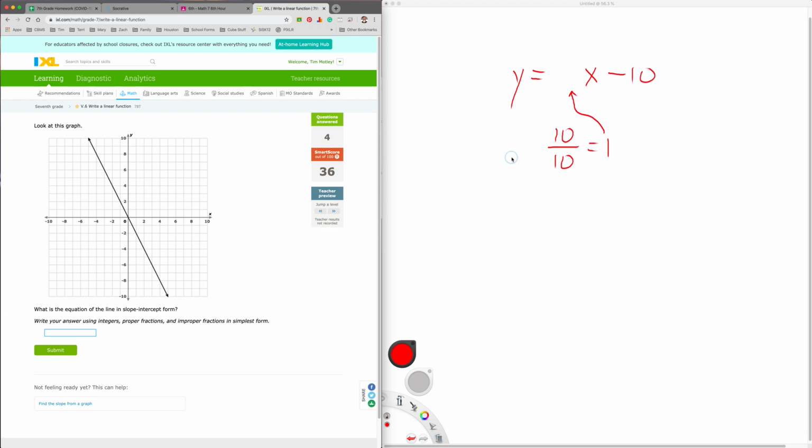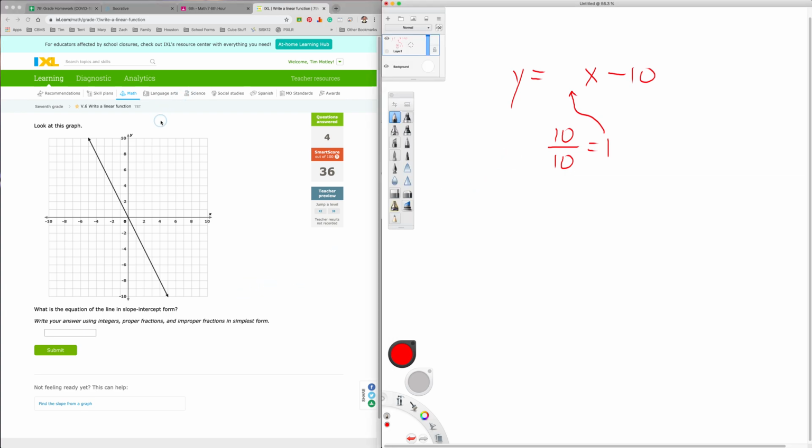Here's another one that goes through the origin. If it goes through the origin, that means you're not going to need the b at all. In y equals mx plus b, this part's going to be a 0 because it hits at 0. And now this one is going down as we go to the right, so that means this is going to be a negative slope value, a negative m.